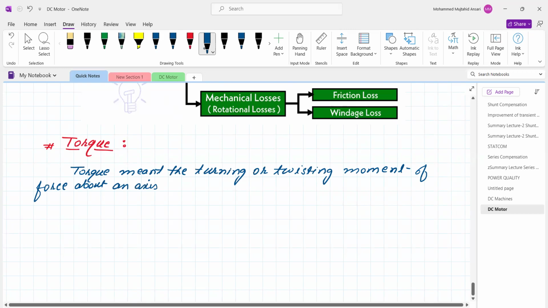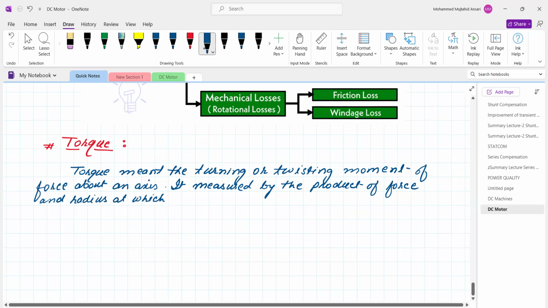That is the axis of motor or pulley. It is measured by the product of force and radius at which the force acts.